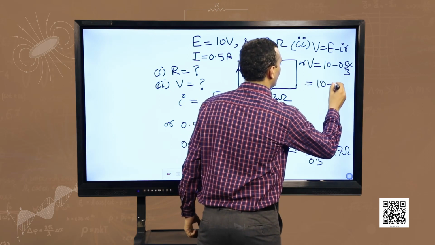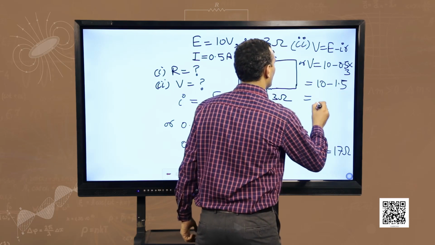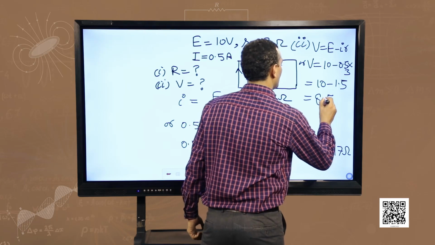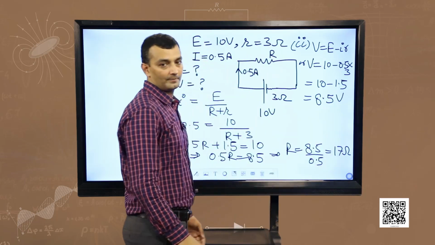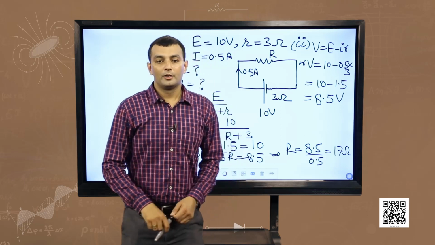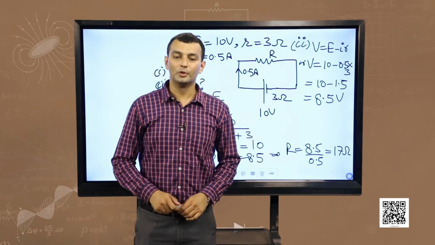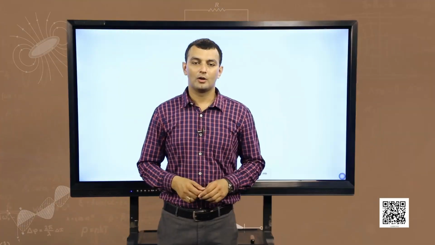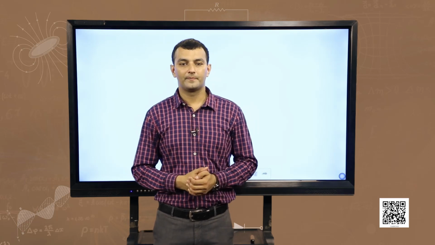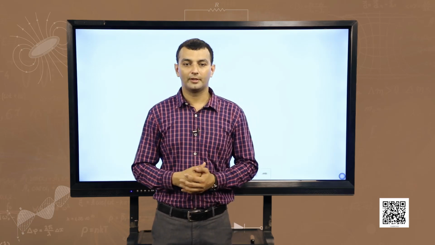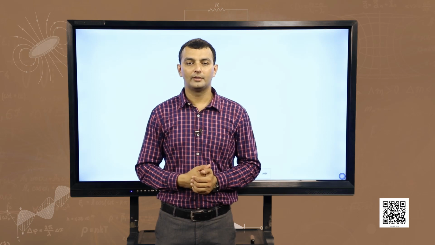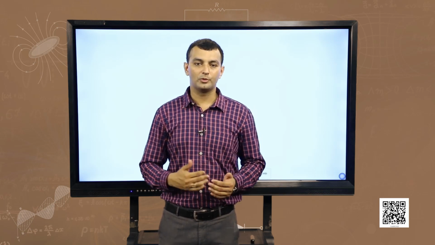So, we have 10 minus 1.5 equal to 8.5 volt. On solving, we get R equal to 17 ohm and terminal potential difference equal to 8.5 volt.